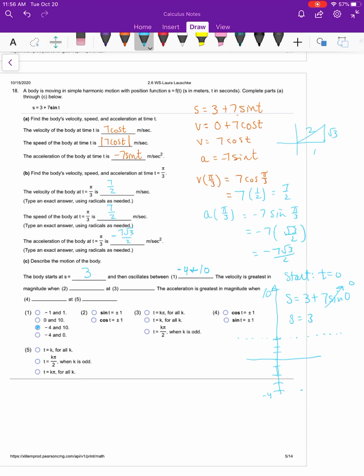The velocity is greatest in magnitude when, and for these choices, either the sine t or the cosine of t is plus or minus 1. So velocity, we're talking about the velocity function here, is going to be when cosine t is plus or minus 1.